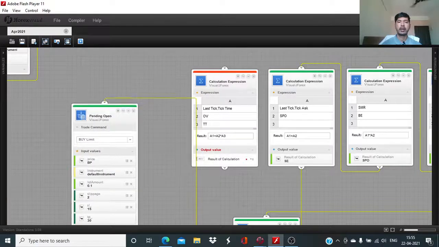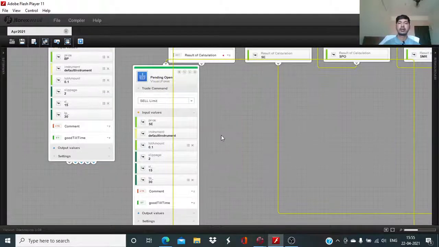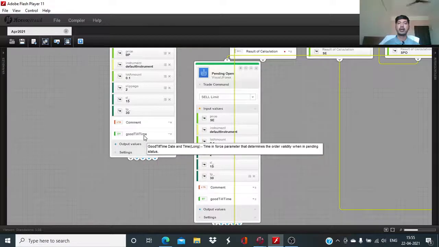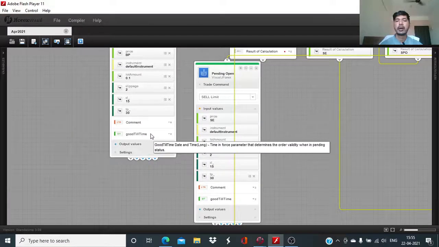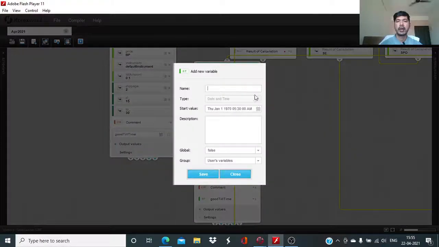One more aspect is that we have to make sure that the data type matches with this variable. This needs to be in the long data type, and for that reason I will create the variable here.